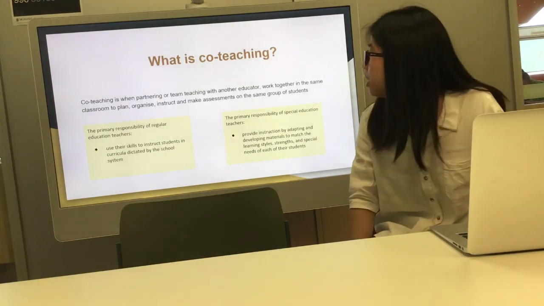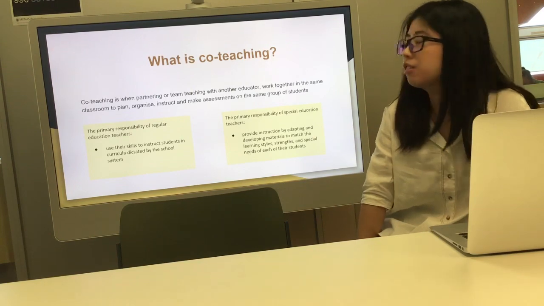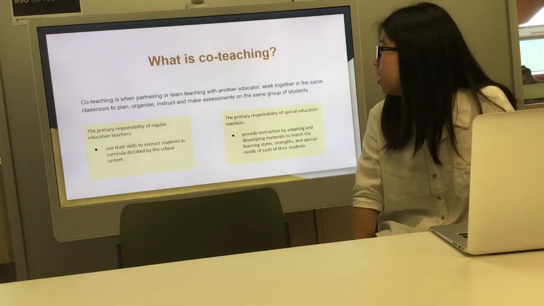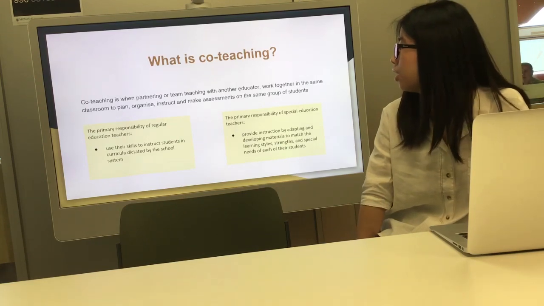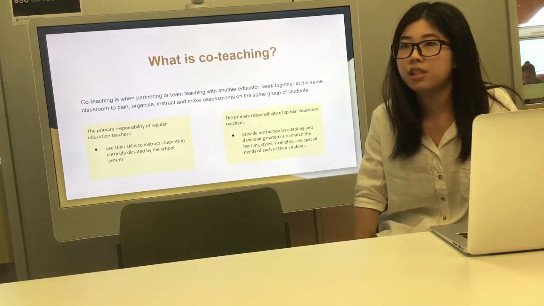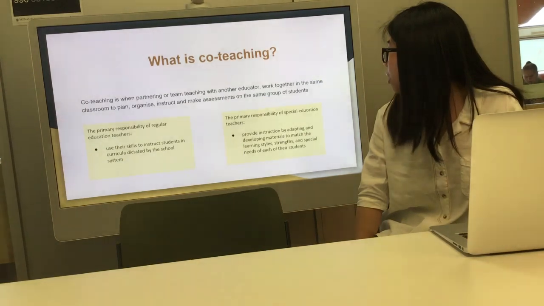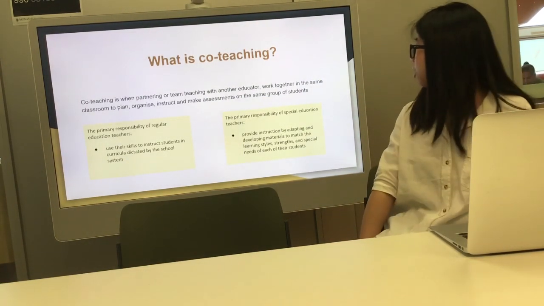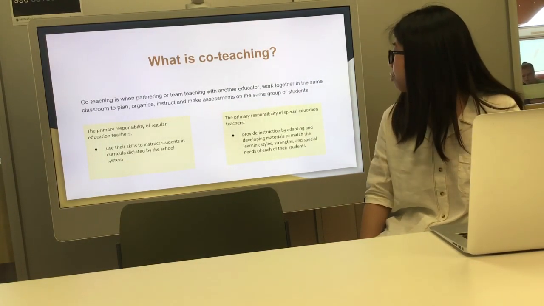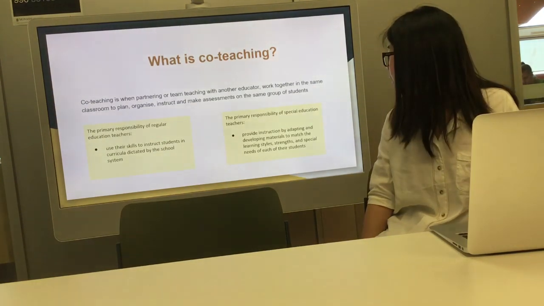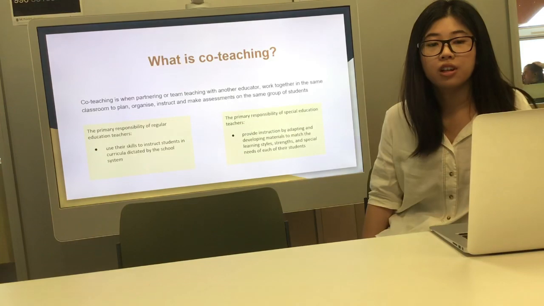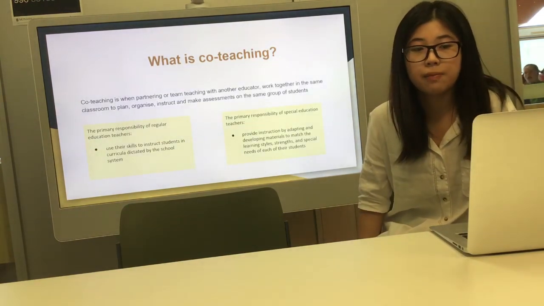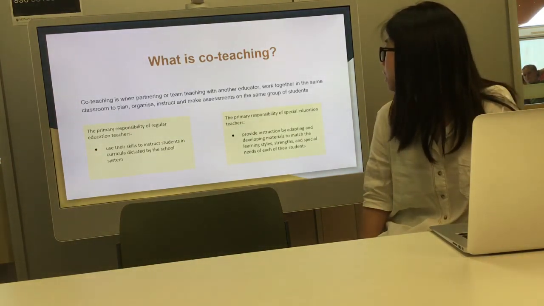For the primary responsibility of regular education teachers, they have to use their skills to instruct students in curricula dictated by the school system. And for the primary responsibility of special education teachers, they have to provide instruction by adapting and developing materials to match the students' learning style, their strengths, and the special needs of each of the students in the classroom.